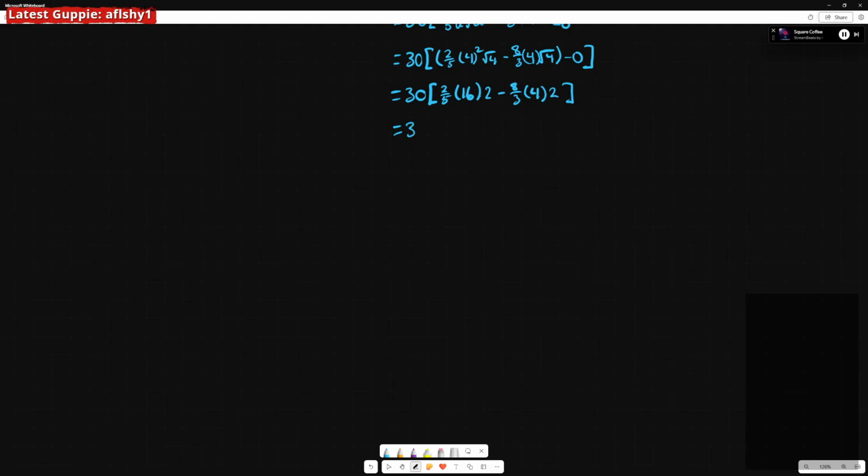Which is equal to 30 times 2/5 of 32 minus 8/3 times 8. And now I'm going to multiply that in now so that I can simplify easier.